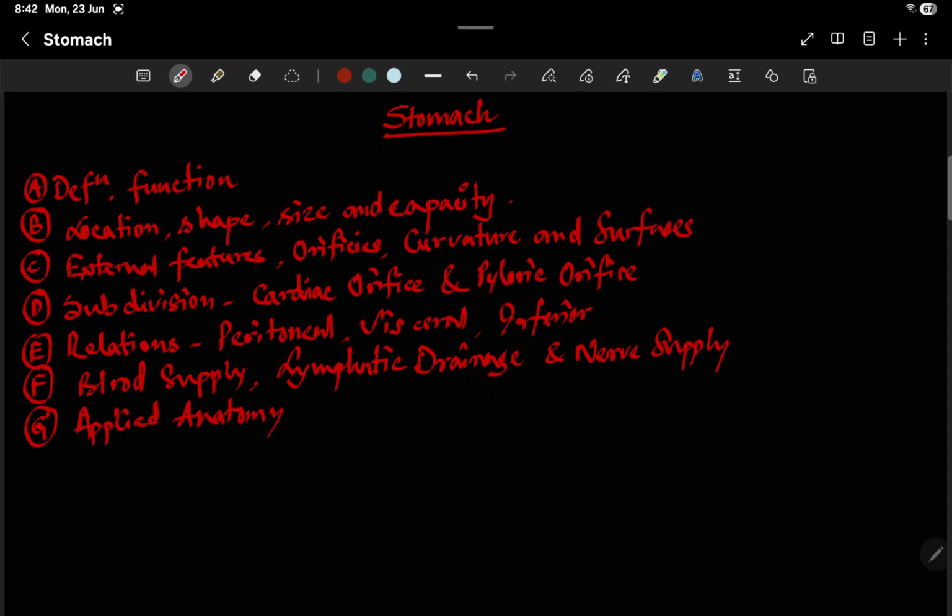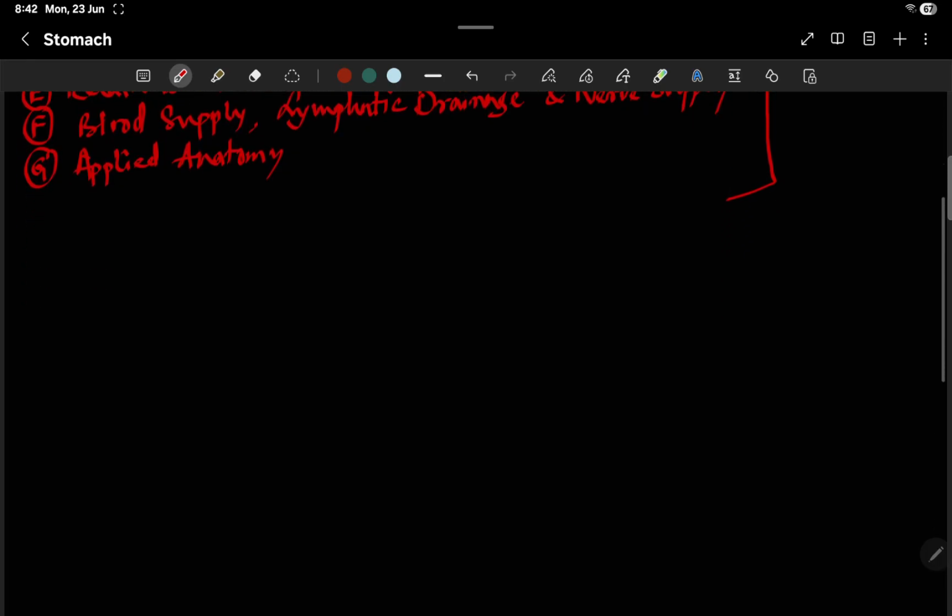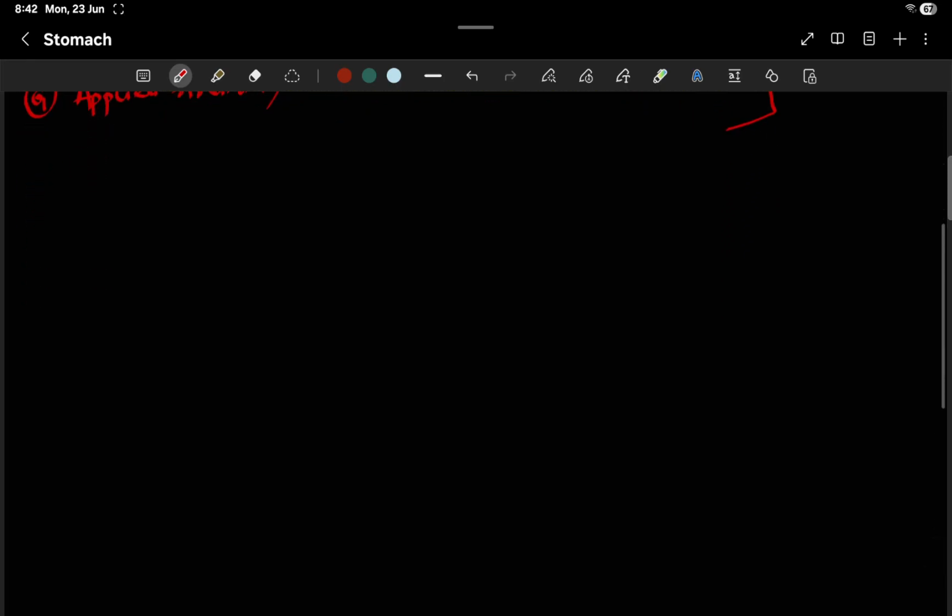Under these headings, we are going to study the stomach. At first, definition of stomach.